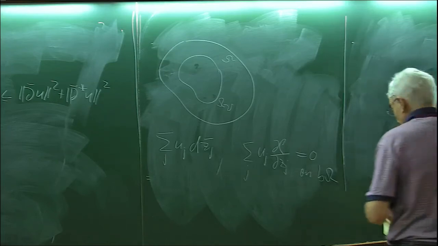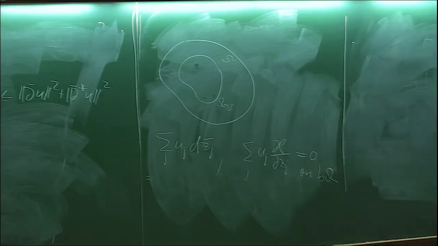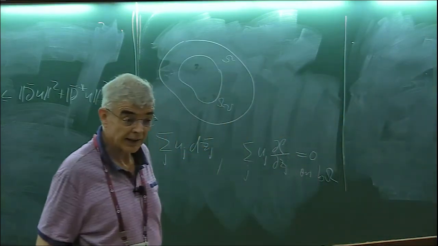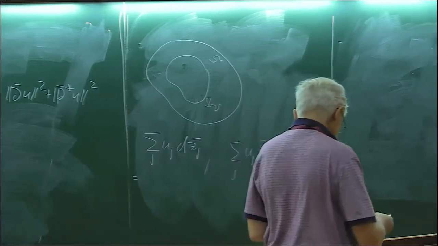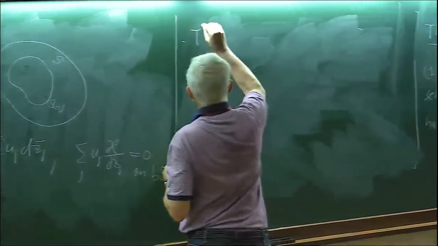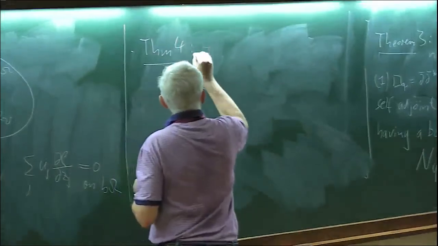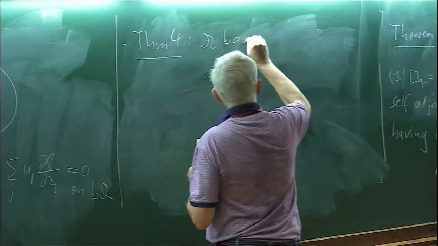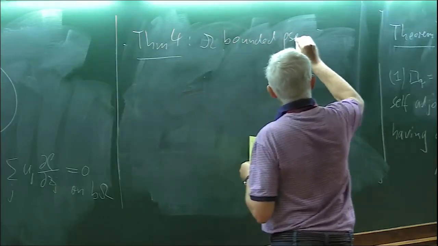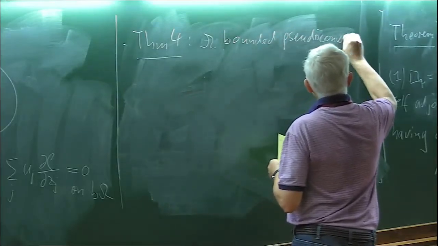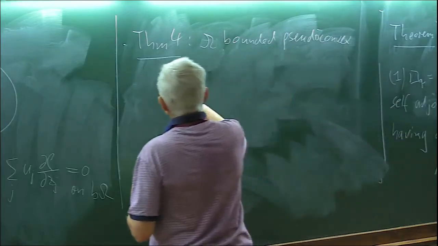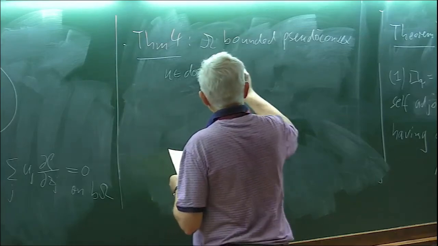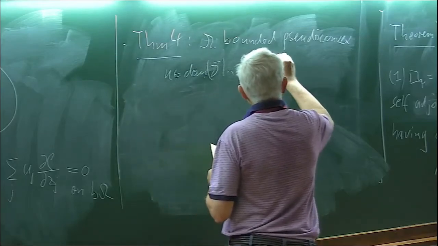Well, now that we do have the d bar Neumann operator, we can use it on the omega nus to deal with this problem. And we're going to have to use here that all these estimates only depend on the domain by the diameter, so they're all going to be uniform in nu. And the result, which I'm going to write down, and then we'll see how to prove it. So omega is bounded pseudoconvex. u in the domain of d bar intersect domain of d bar star.